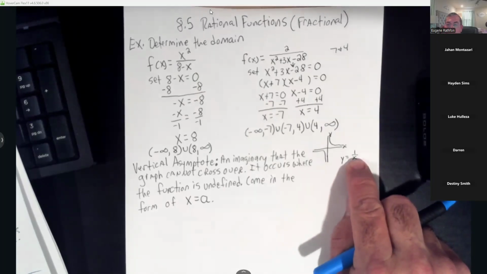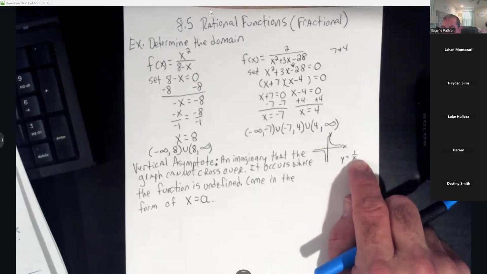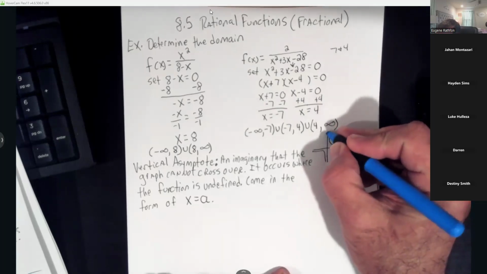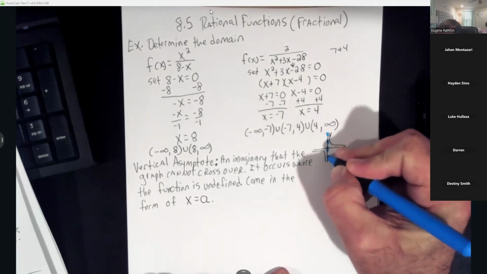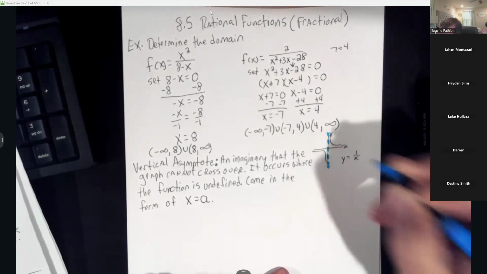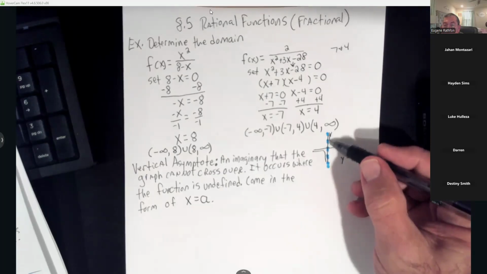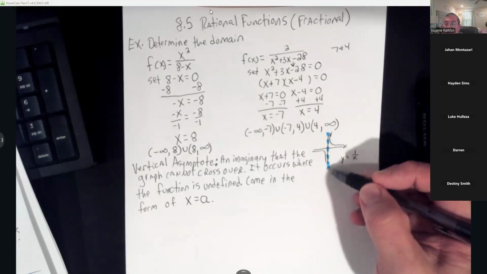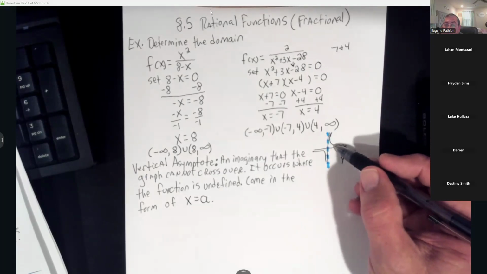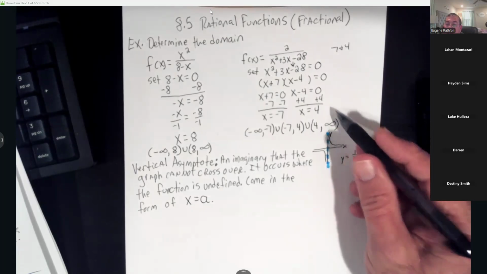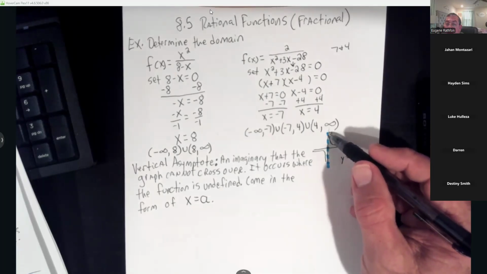If you put a 0 in for this x, that would make this undefined. So, and x's 0 is right on that y-axis. So this would be like my imaginary vertical line that the graph cannot cross. So that's why this graph is just going to keep going up towards infinity, but it will never cross over that graph.